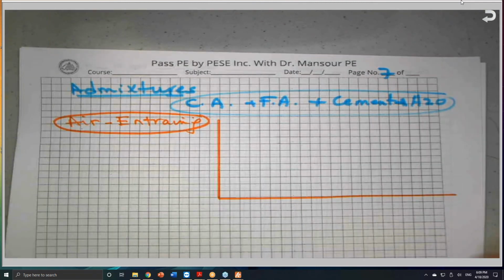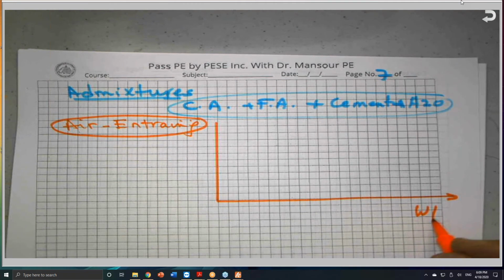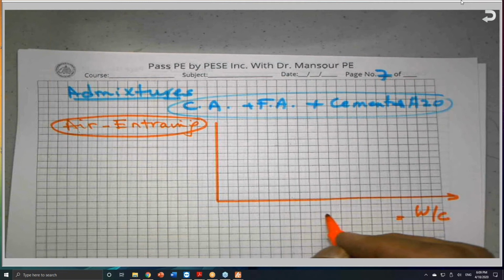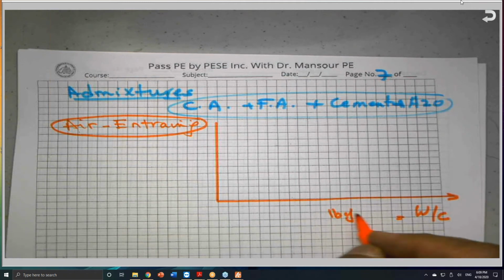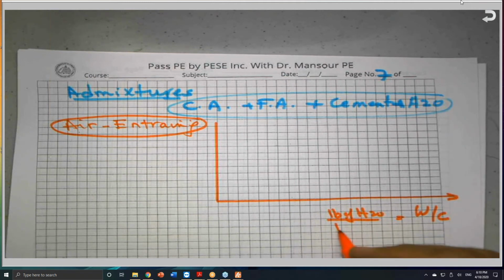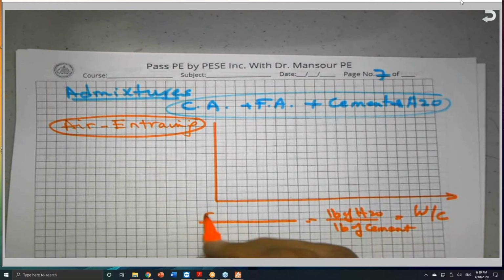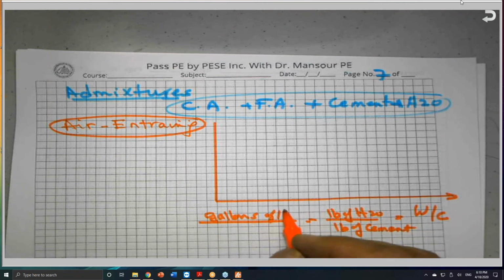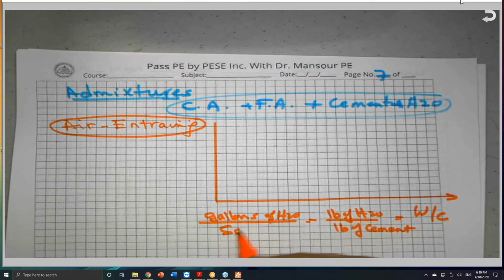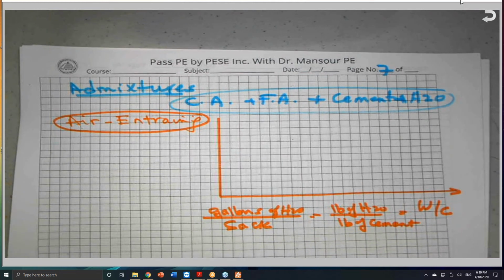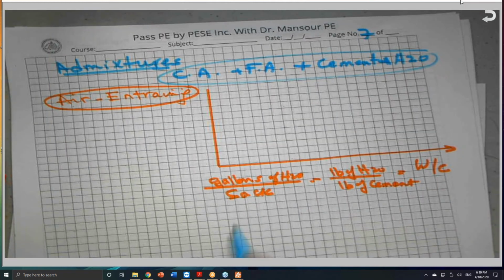If you look at the x-axis, which is the water cement ratio, this is how many pounds of water over how many pounds of cement, or sometimes we express this as how many gallons of water per sack of cement. And as all of you know, a sack of cement weighs 94 pounds.